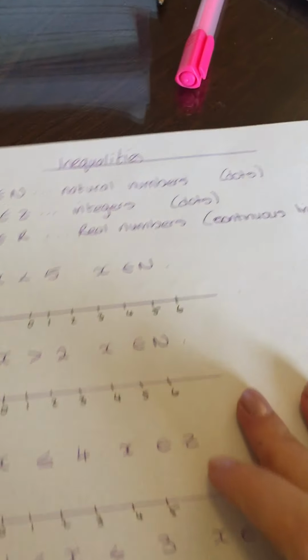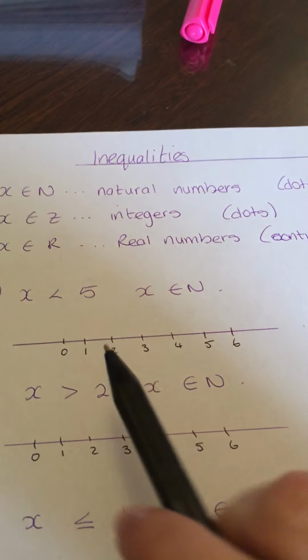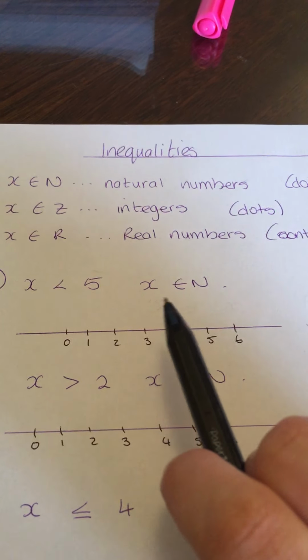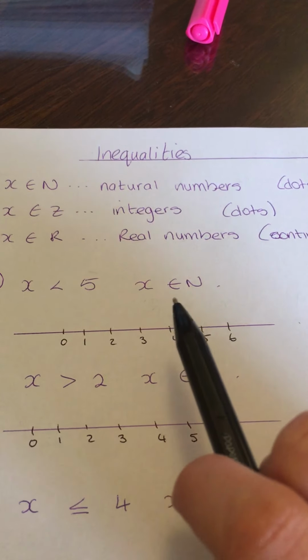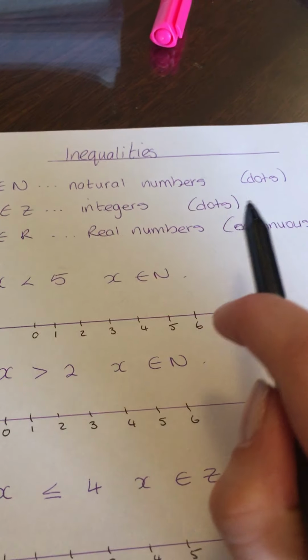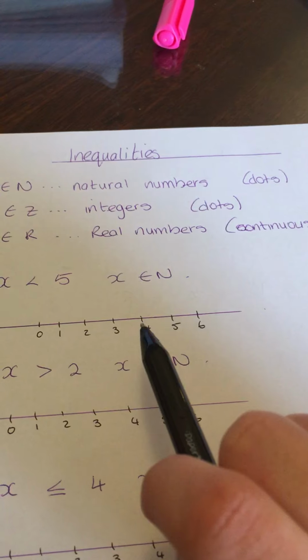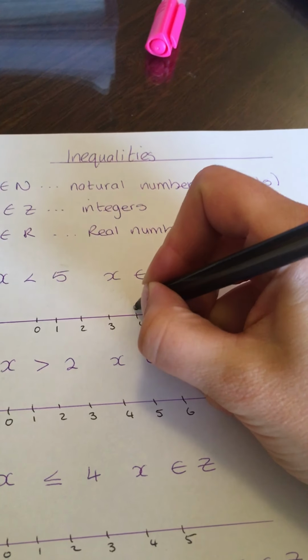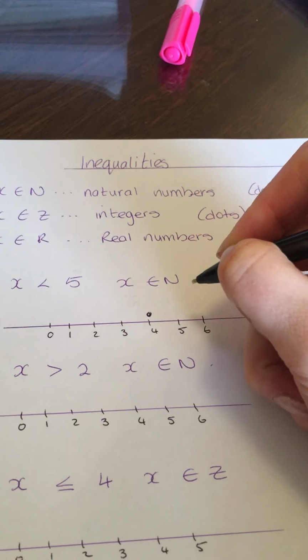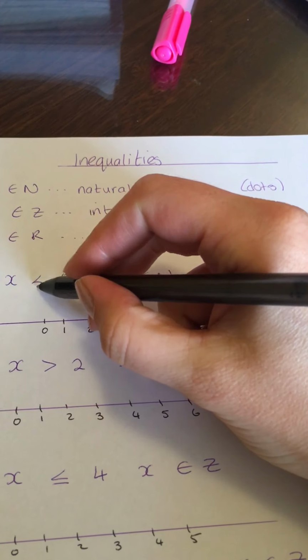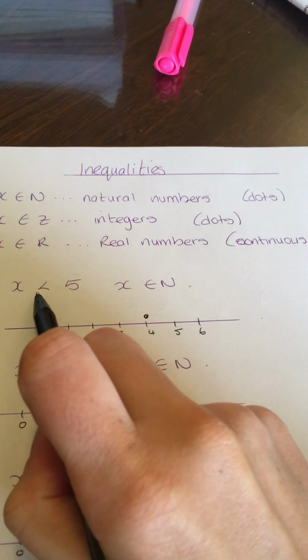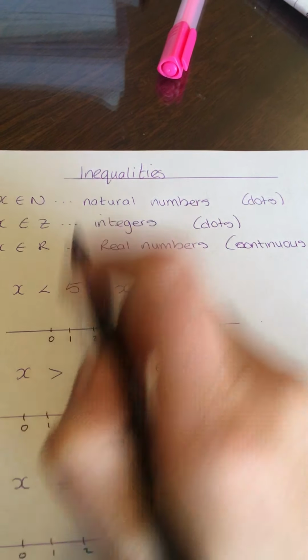Okay, so the first one, so if we were to graph x is less than 5 and x is a natural number. Because it's a natural number, it's going to get dots. It's less than 5, so the first number that it can be is 4. Then it's less than, so the closed part is pointing towards x, so x is less than 5.